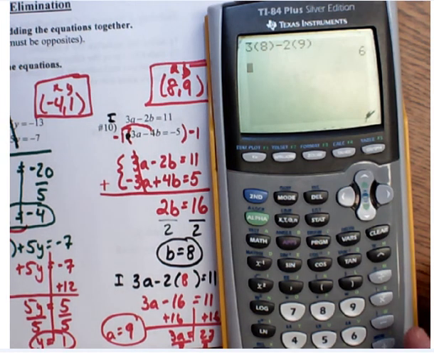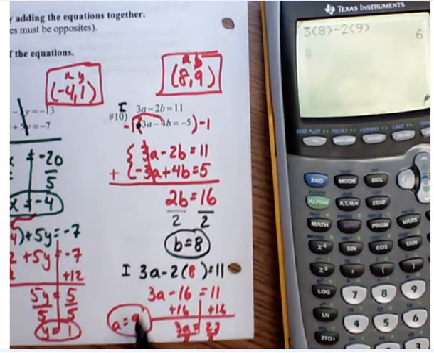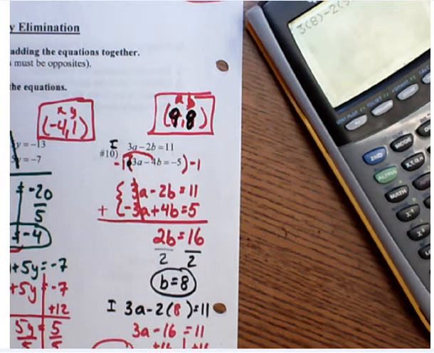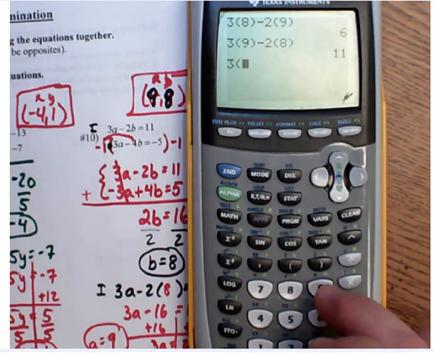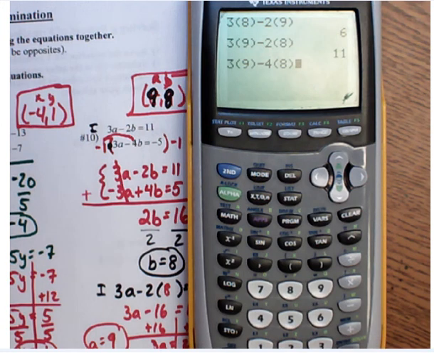Do you see my mistake? The a value was the 9, and the b value was the 8, so I switched them. That makes a big difference here. So let's do 3 times 9 minus 2 times 8. Does it give me 11? Check. The bottom equation was 3 times a, that's 9, minus 4 times b. Does it give me -5? Check. And now we're done with notes.